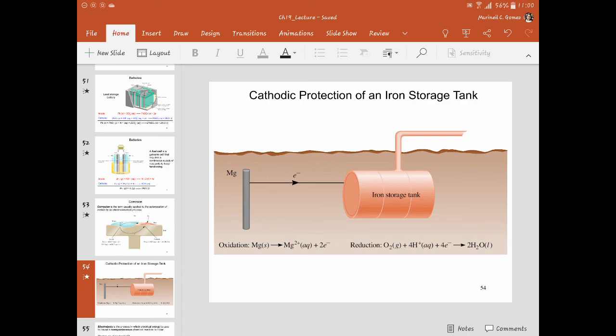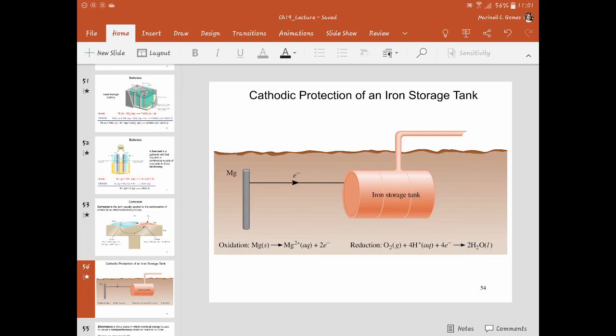They usually use this type of protection system in building ships, because an iron hull is always exposed to seawater, especially salt water, which has lots of electrolytic agents. So it's prone to rusting. So either you coat it with paint, or you use cathodic protection.